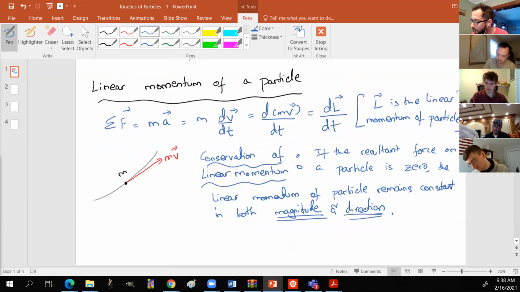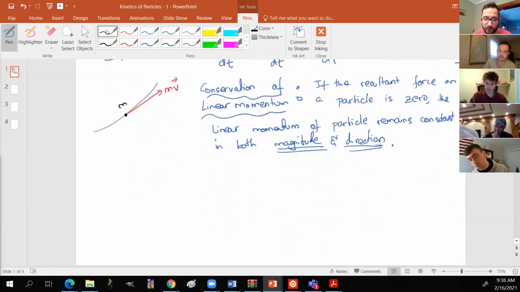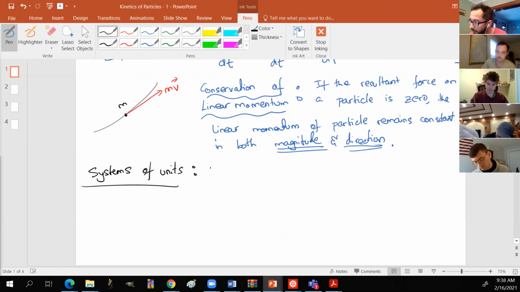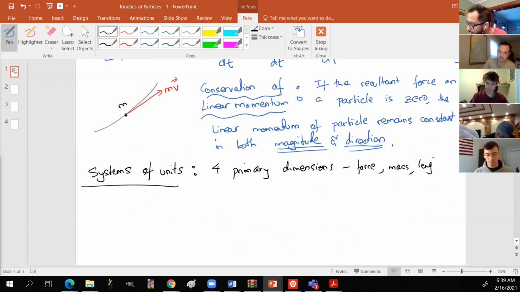All right. Just quickly looking at the units. We usually don't do this because where you are in your engineering education, this should be pretty obvious to you. When you're talking about these units, you have 4 primary dimensions: force, mass, length, and time.